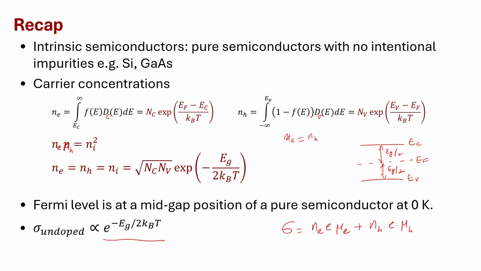This is the reason why, if you plot ln sigma as a function of 1 over T for intrinsic semiconductors, you will see an exponential variation, the slope being minus Eg by 2kB. This explains why we have a different conductivity and resistivity behavior in semiconductors as a function of temperature in comparison to metals, which show a decrease in conductivity as temperature increases, whereas the converse is observed in semiconductors.